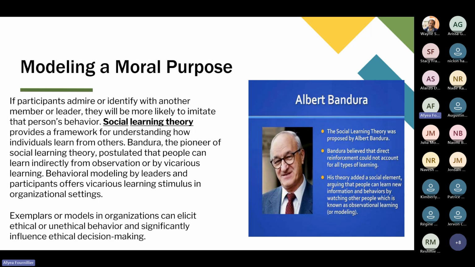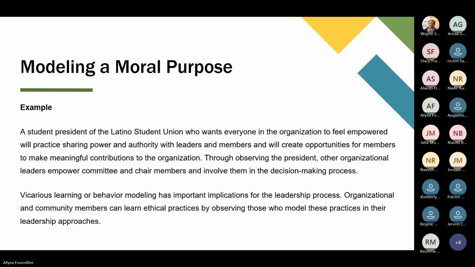This theory added a social element, arguing that people can learn new information and behaviors by watching other people, which is known as observational learning or modeling. So now we'll look at a couple of examples explaining the social learning theory in different settings.